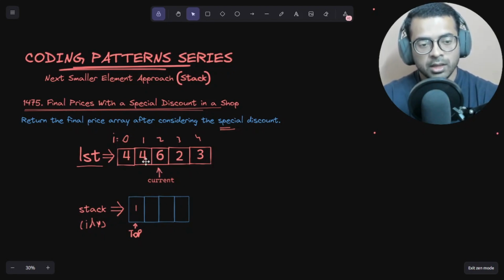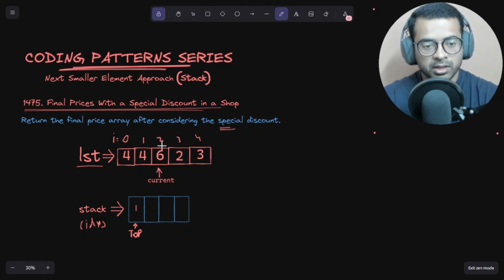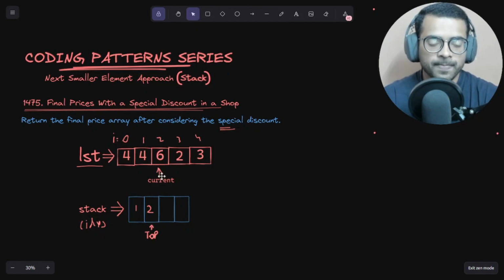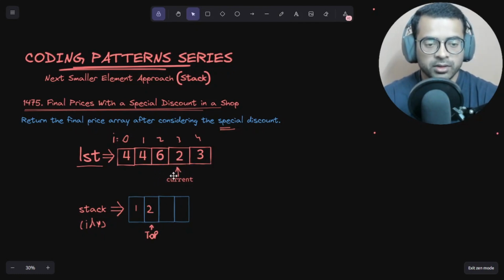So here 4 is smaller than 6, so we will do nothing. We will simply update our stack with index of current pointer, which is 2, and we are going to update the top. So now the current top is 2. Okay, and then we will move our current pointer forward.